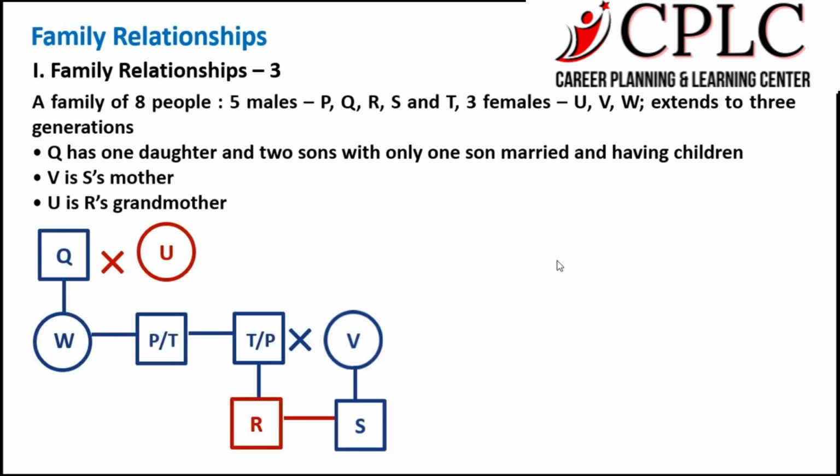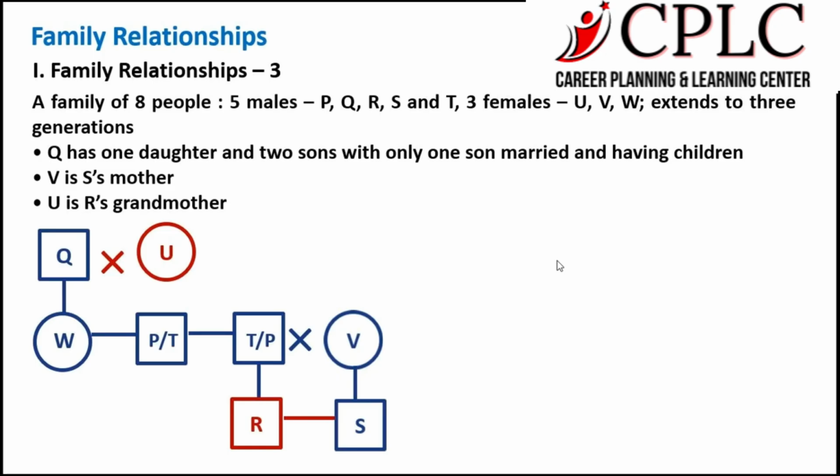But it actually does matter, because let's say the question is something like, who is V's husband, then we cannot be 100% sure that it is either P or T. There's a scope for the other person to equally be the husband, and hence we don't know that. Let's not assume anything. We'll always have a habit of representing the multiple shapes. So this is how it would look.